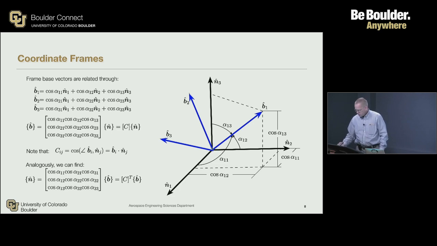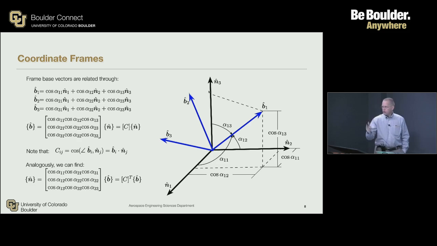It's the dot product between b1 and n1, which gives you magnitude 1 times magnitude 1 times the cosine of the angle between the two, if you're thinking of those classic definitions. So this element is simply cosine alpha 1,1. 1,1 means it's between b1 and n1. 1,2 means it's between b1 and n2, and 1,3 is between b1 and n3.